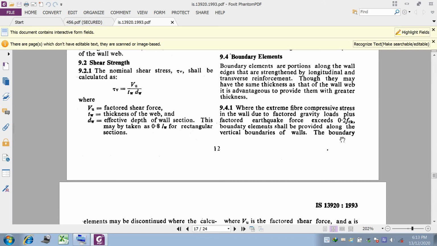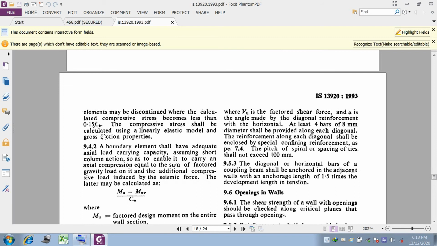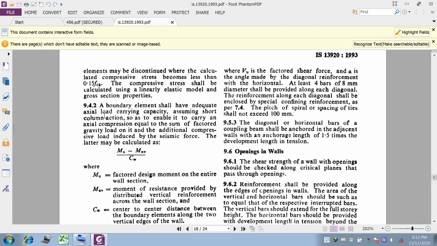Okay, then the boundary element may be discontinued where the calculated compressive stress becomes less than 0.15 fck, and the compressive stress shall be calculated using the linearly elastic model and the gross cross-section properties. The boundary element shall have adequate axial load carrying capacity, assuming it to act as a short column, so as to enable it to carry an axial compression equal to the sum of the factored gravity load on it and the additional compressive load induced by the seismic forces.